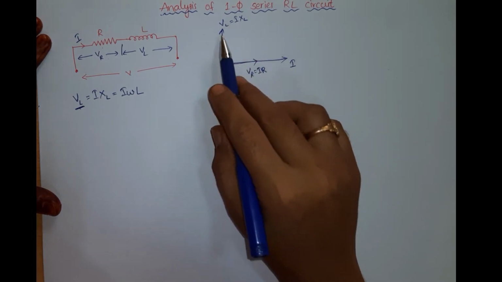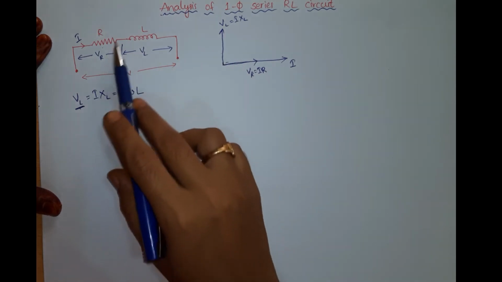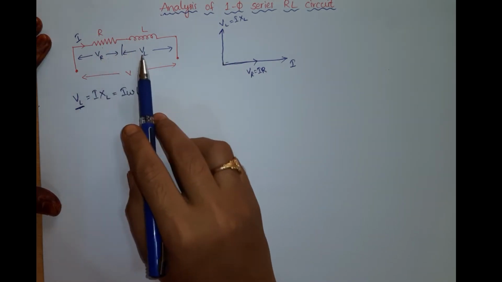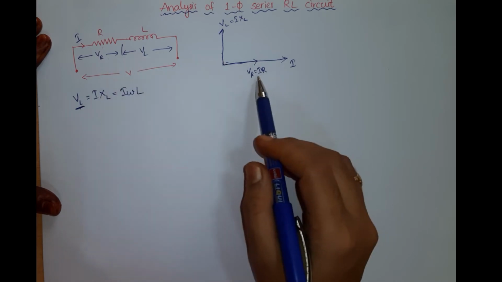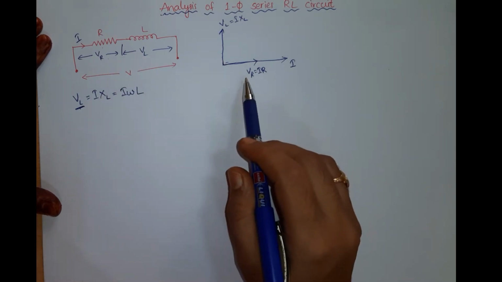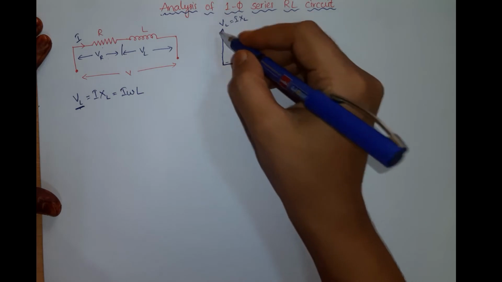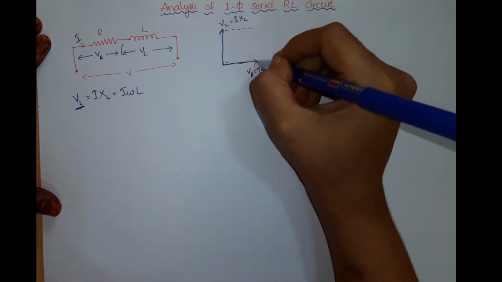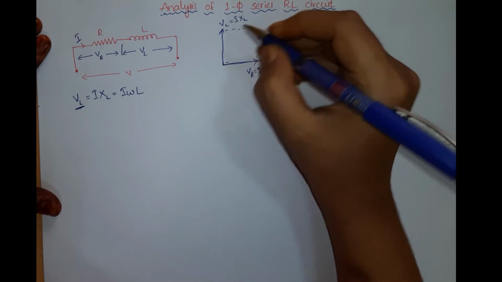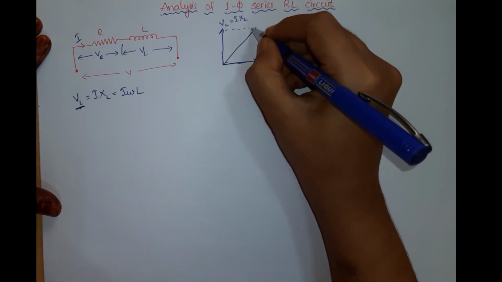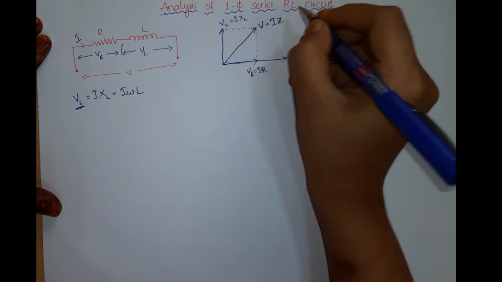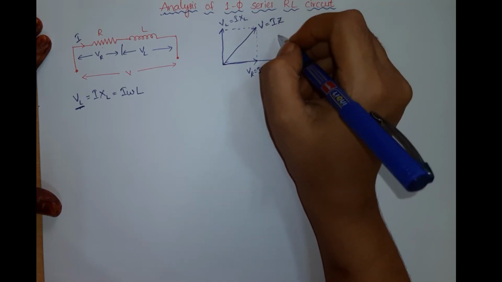Now I need the total voltage across both the elements, that is VR plus VL. When you take it as a phasor, the resultant of these two phasors is nothing but the diagonal. So this will be the total voltage, V is equal to I into Z. What is this Z then?